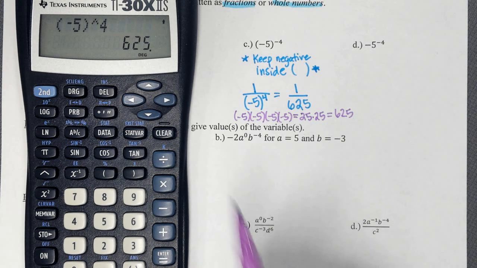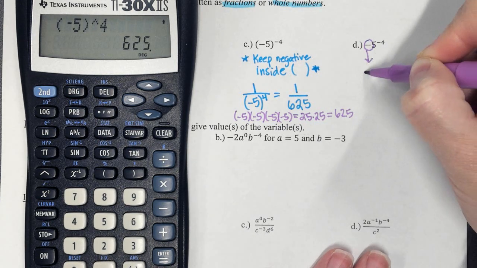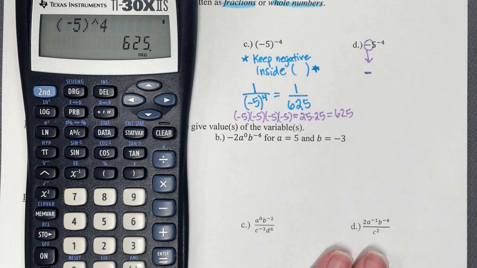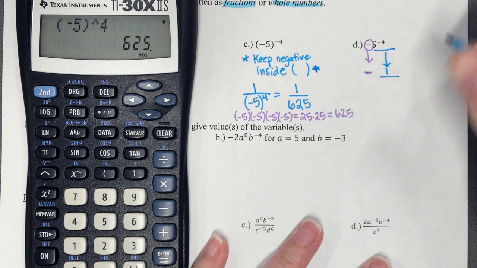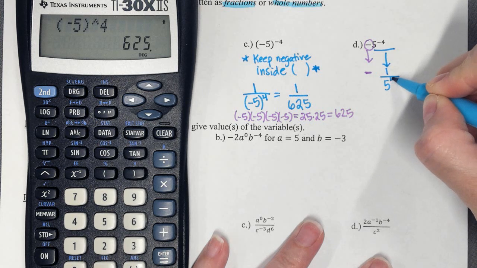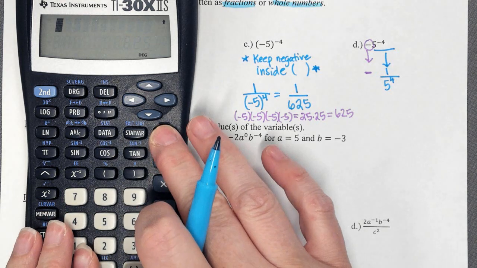Okay, so that's what your calculator is doing when you keep it inside the parentheses. Okay, when the negative is outside, you are going to keep the negative outside. So we're just going to drop that down, okay? Now, the 5 to the -4, we're going to rewrite that as 1 over 5 to the 4th. Okay, now we already found what -5 to the 4th is.